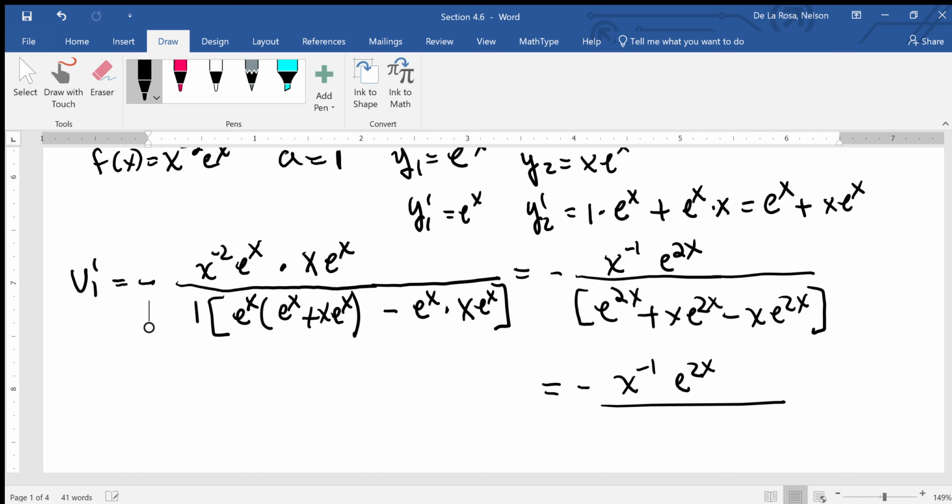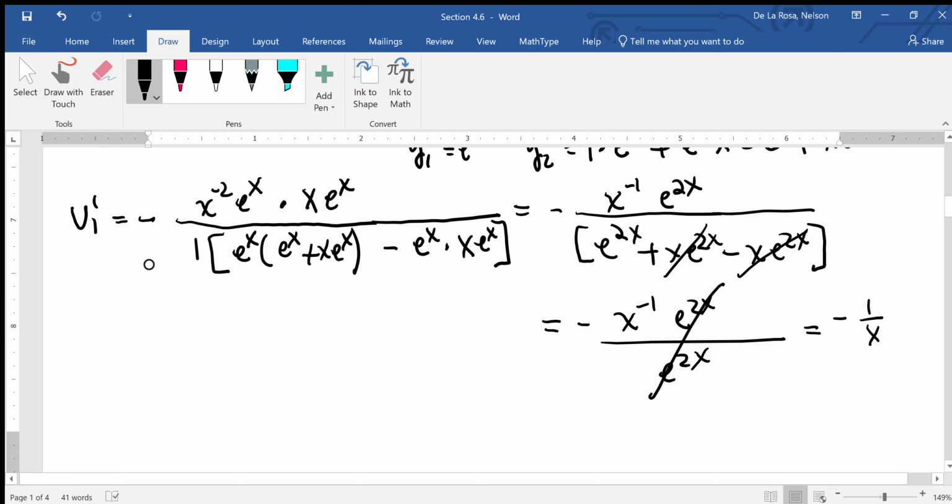So these terms cancel, and e to the 2x cancels. We have simply negative 1 over x, because we can move this x to the negative 1 to the bottom.